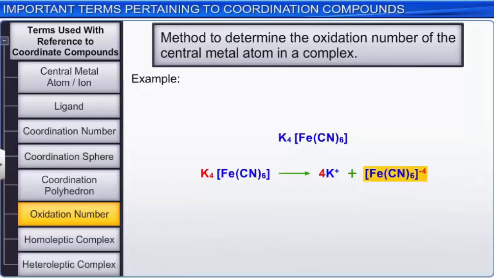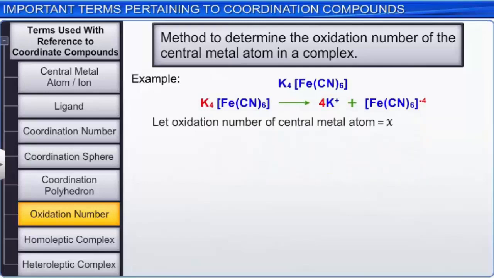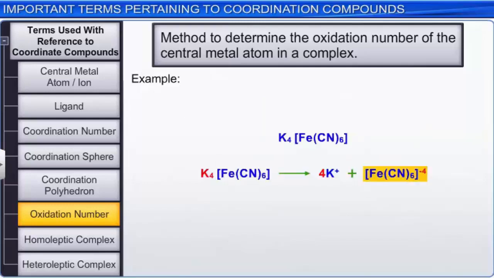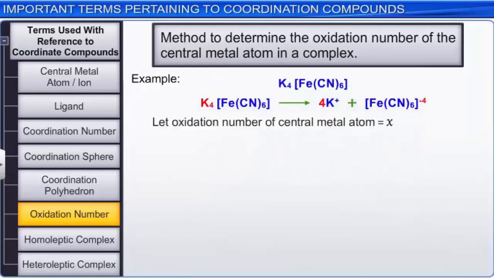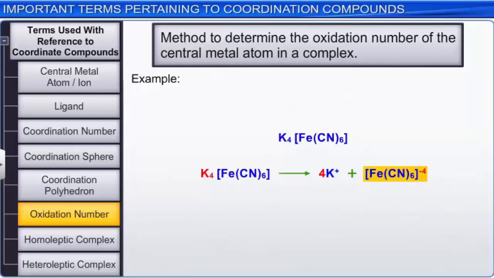This 4 should be written as a superscript in the complex. So 4K+ ions and [Fe(CN)6]4- ion. We are going to determine the oxidation number of the central metal atom. What is the central metal atom here? Fe.